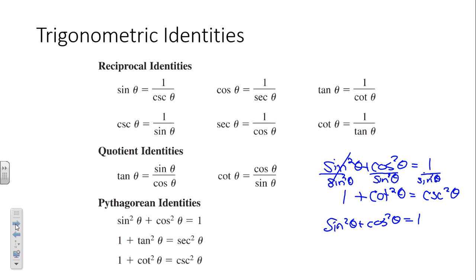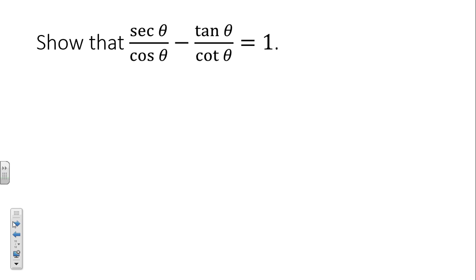This time I divided by sine squared. What do you think I should try to do next? Yeah, divide by cosine squared. Boom. What is sine squared over cosine squared? Tangent squared, right? Plus 1 is going to be, what's 1 over the cosine squared? Secant squared. Okay?